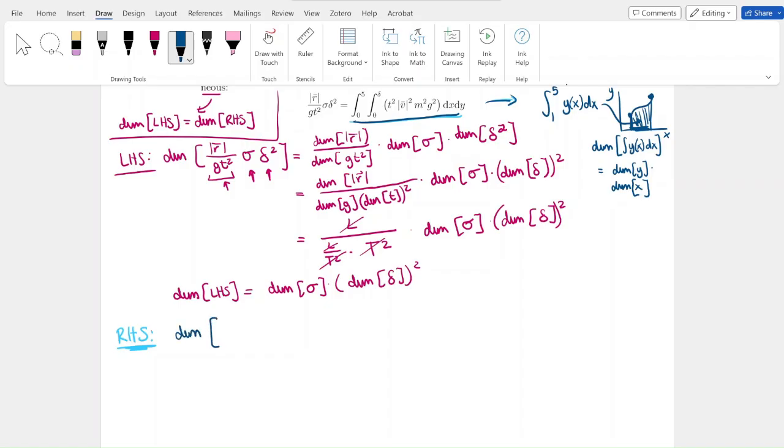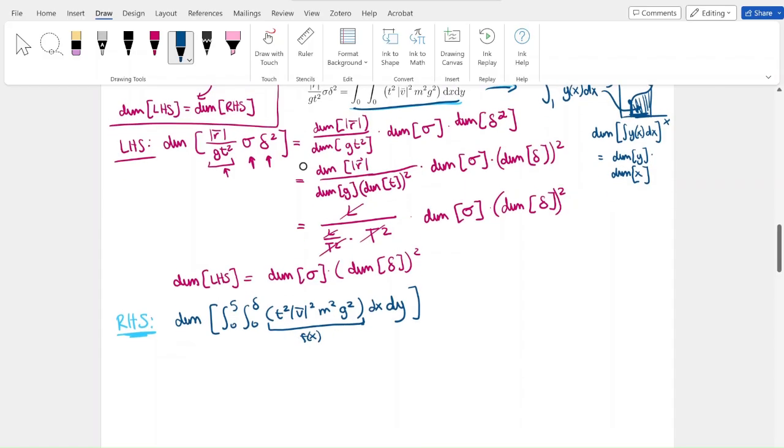Okay, so we have the dimension of 0, 5, 0 delta, t squared, v squared, m squared, g squared, dx, dy. Knowing that these are integrals, this is our internal function, like our f of x.